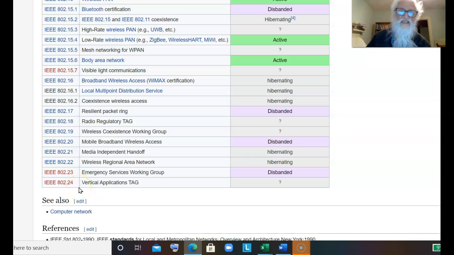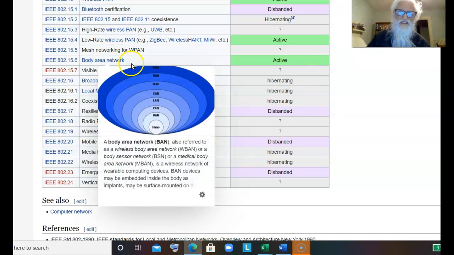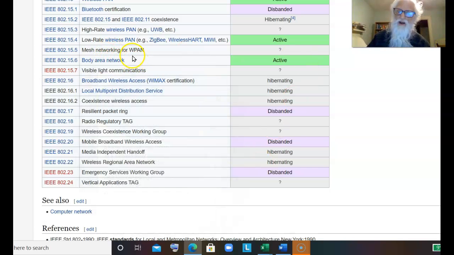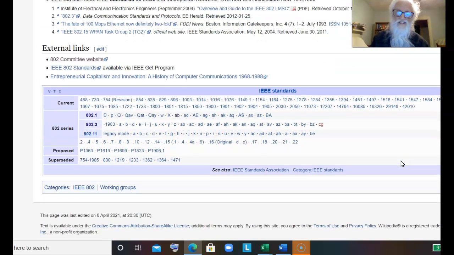This is not static. They're still trying to improve and improve. But I notice over here some of the upper ones are not working much. It seems that 15 is the largest one that's really involved in anything.